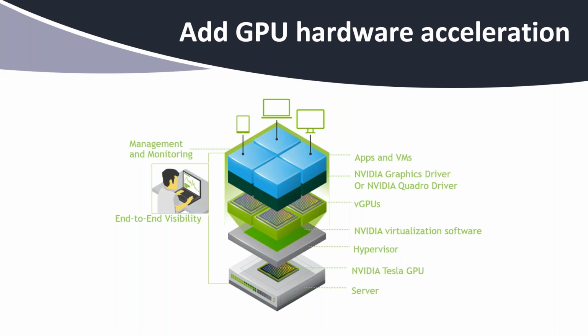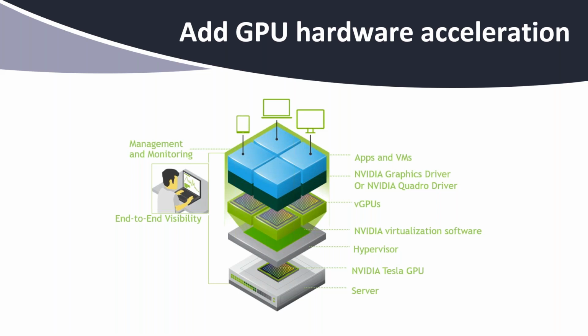So for example, if you have a 16 gigabyte card, and you give a VM 2 gigabytes, you can run 8 VMs on that physical card. You can't oversubscribe the GPU memory, otherwise fun things will happen inside of your VM.